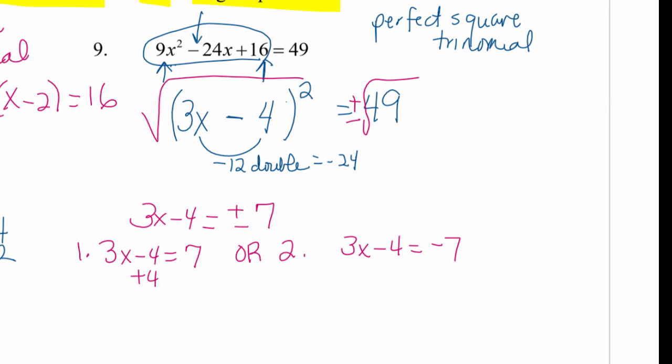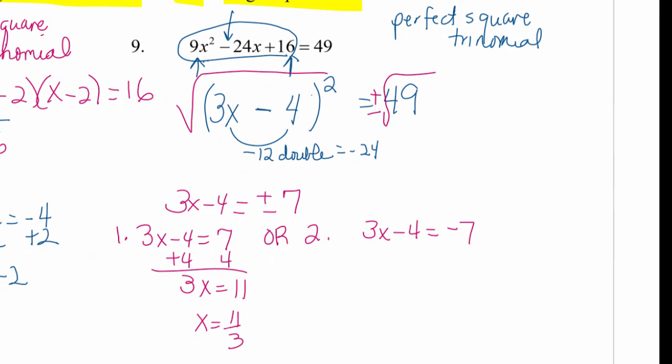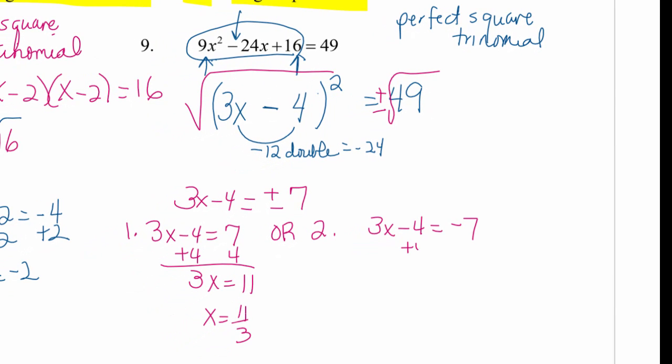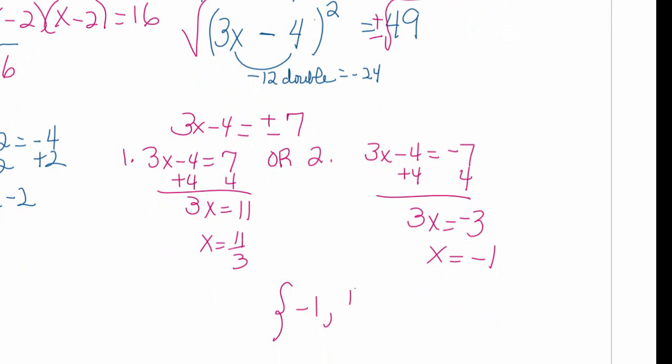So we add the 4 to both sides. 3x equals 11. x equals 11/3 here. And over here we add the 4, but we get a negative 3. So 3x equals negative 3. x equals negative 1. So our 2 answers are negative 1 and 11/3. And I know that you know how to check this in your calculator. Okay.